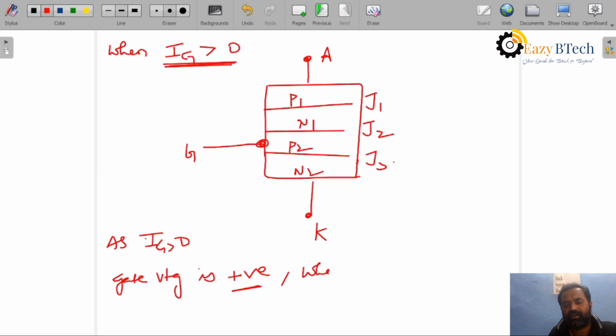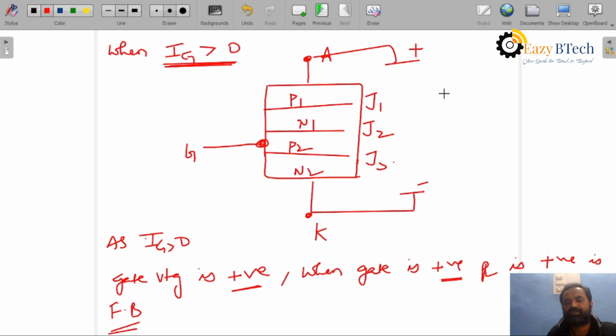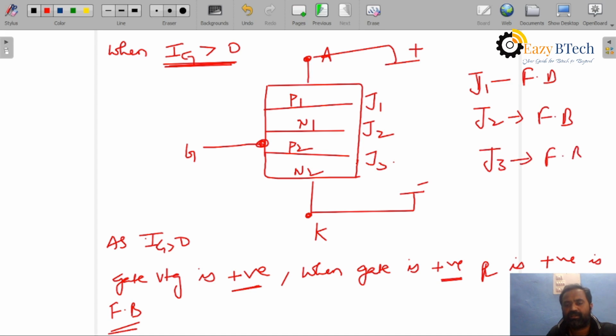When the gate is positive, P2 is positive, forward bias. By applying positive voltage here and negative voltage here, J1 is in forward bias, J2 is also forward bias, J3 is also forward bias.